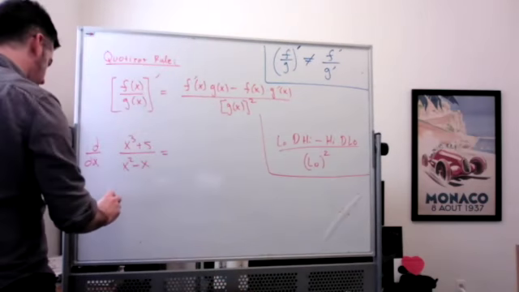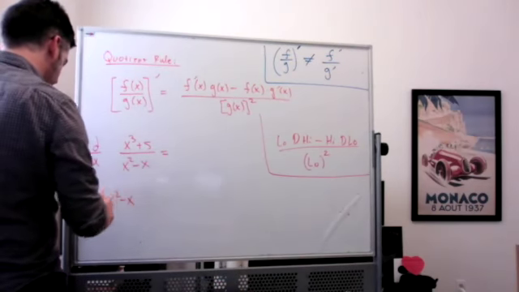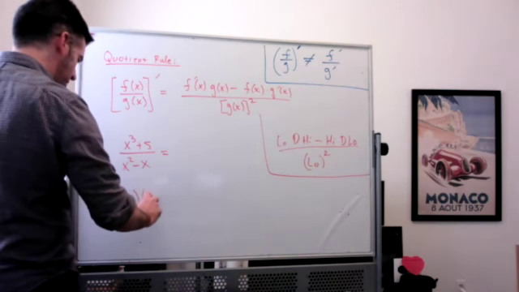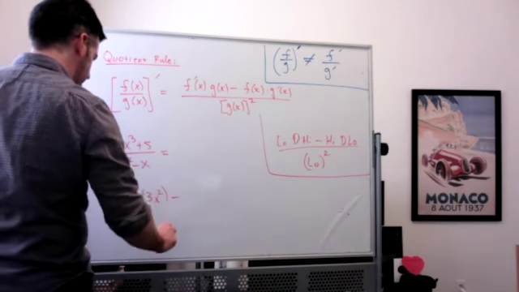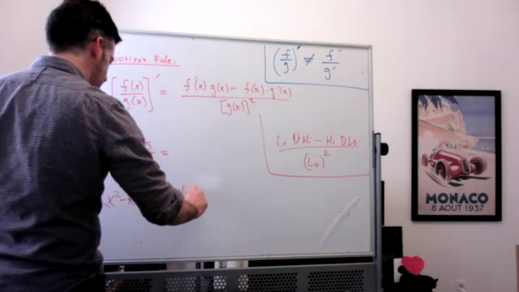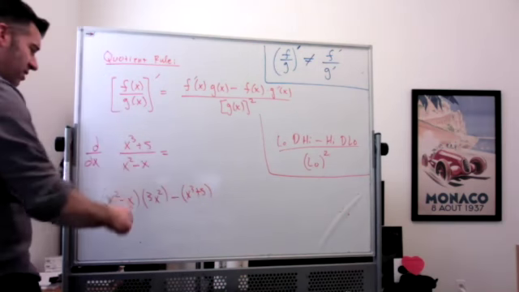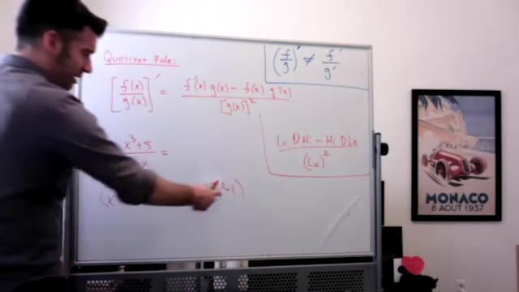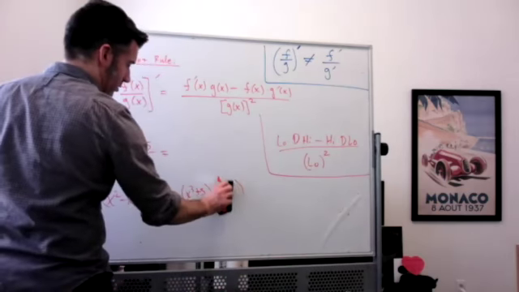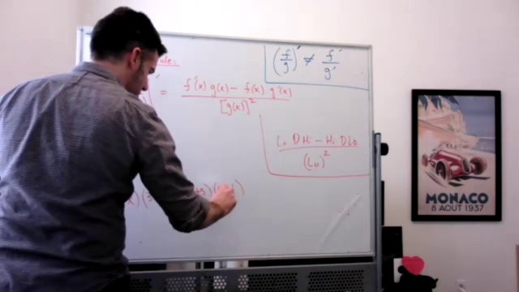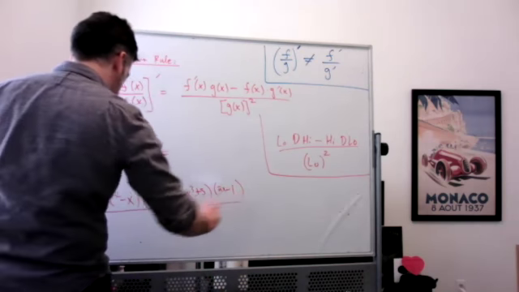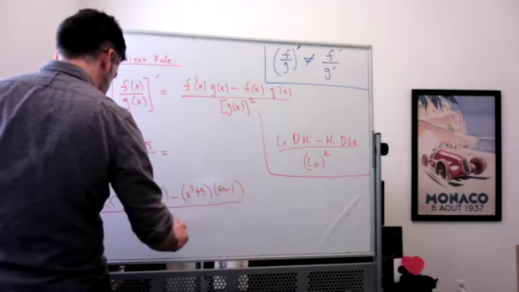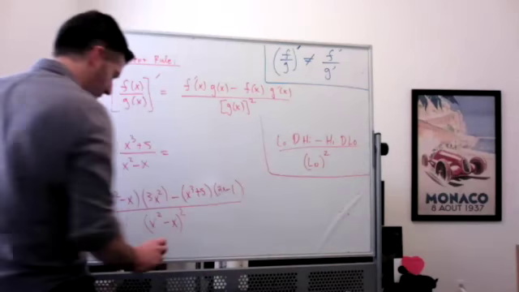It's going to be the bottom times the derivative of the top, which is 3x squared, minus the top, which is x cubed plus 5, times the derivative of the bottom, which is, sorry, not x squared minus 1, 2x minus 1, all divided by x squared minus x quantity squared.